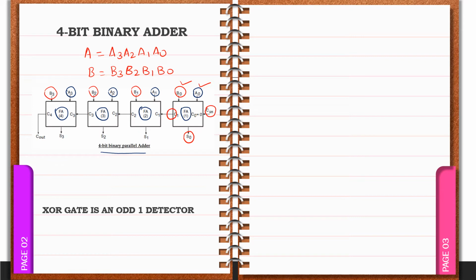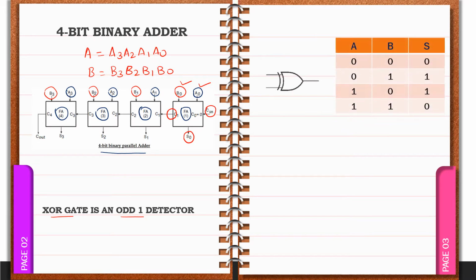This is the carry. Already we discussed that the XOR gate is an odd ones detector. Odd ones detector means whenever the inputs have an odd number of ones in the truth table, we get the output as 1. Let me explain the symbolic representation of the XOR gate and then the truth table.